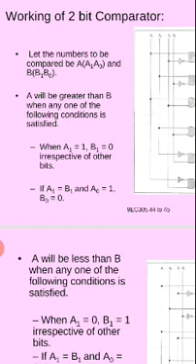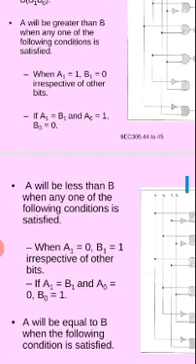A will be less than B when any one of the following conditions is satisfied. When A1 equal to 0, B1 equal to 1, irrespective of other bits.